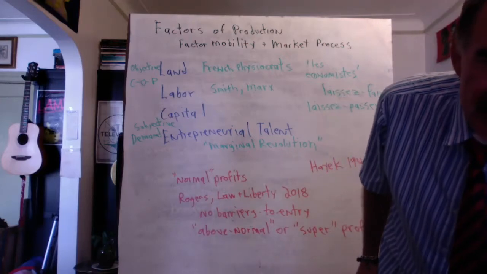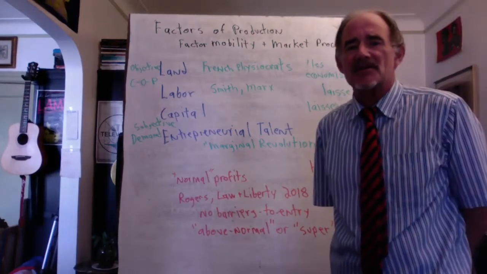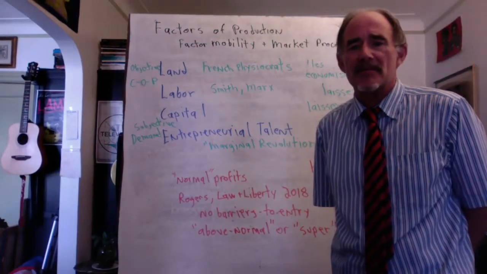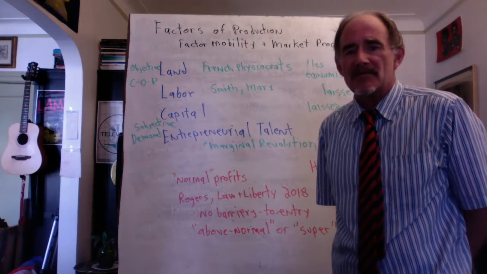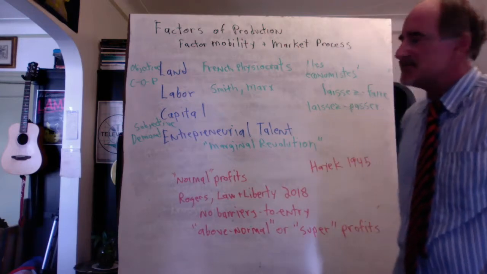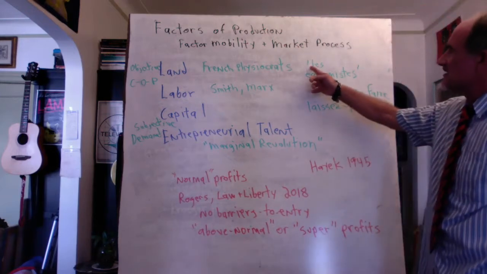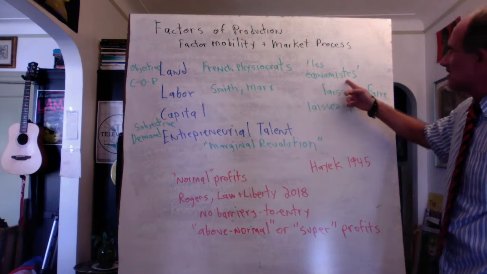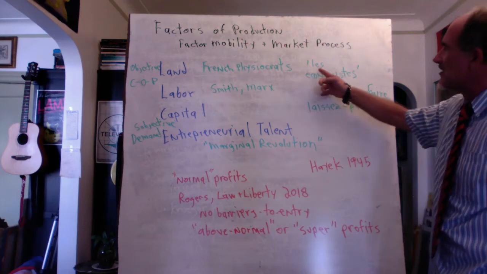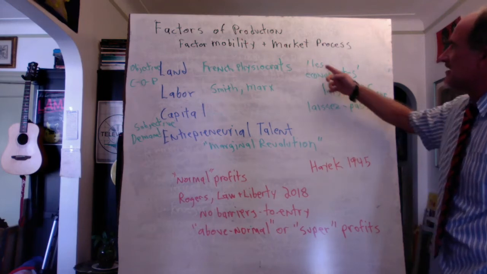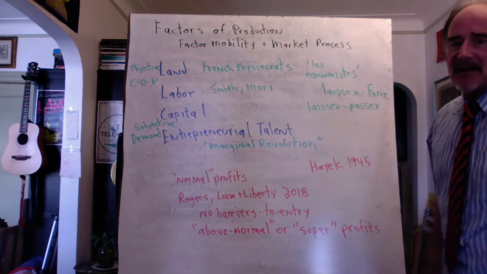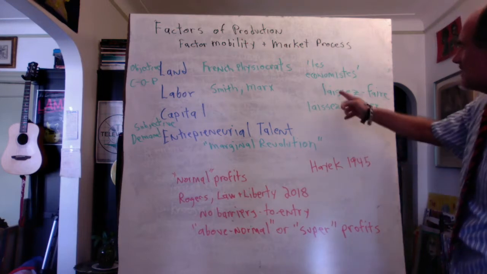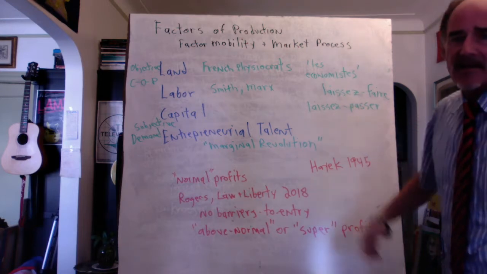Again, the French physiocrats, and the French introduced geography and topography. They called themselves les économistes, the only thing they thought about was the economy. And they introduced the term laissez-faire, laissez-passer.